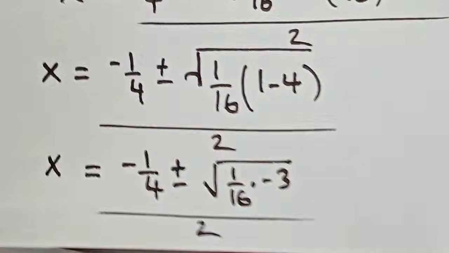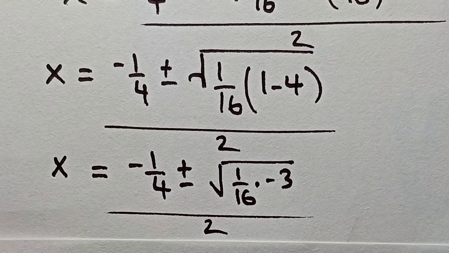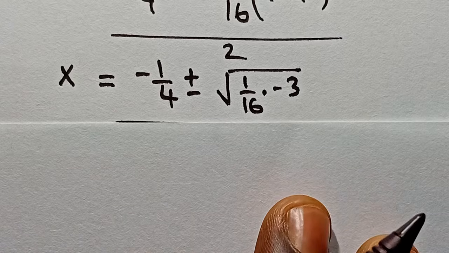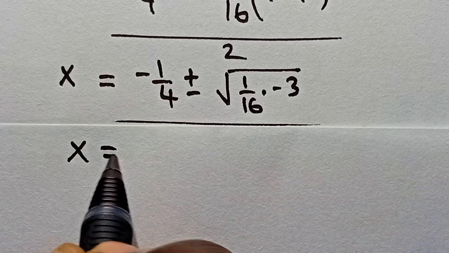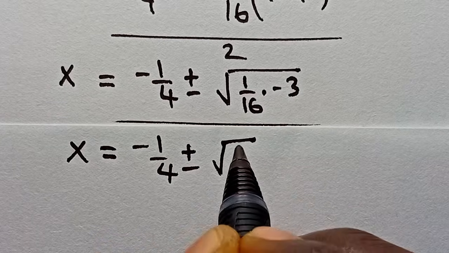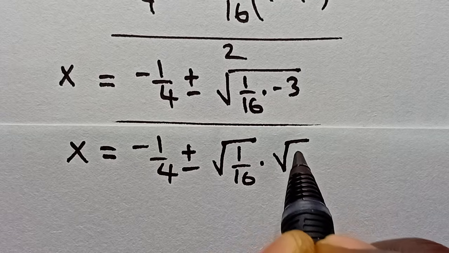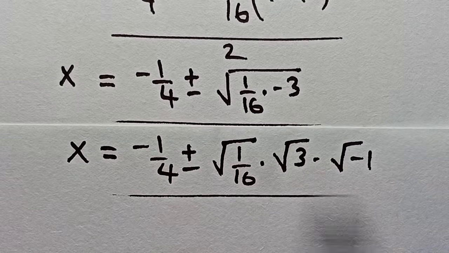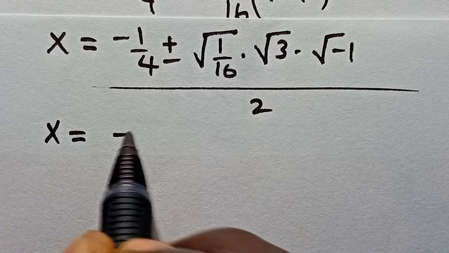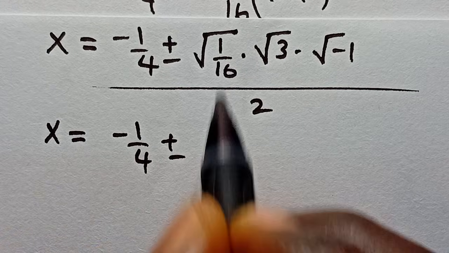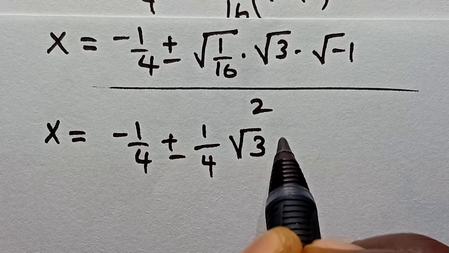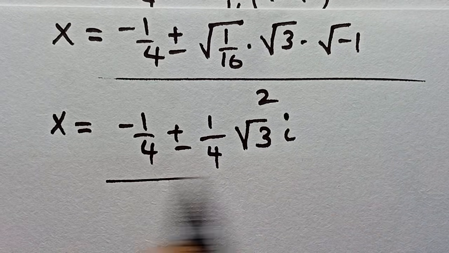So we have x equals minus 1/4, positive or negative, root of 1/16 times root of 3 times root of minus 1, over 2. So x equals minus 1/4, positive or negative, root of 1 is 1, root of 16 is 4, times root 3, root of minus 1 is i, over 2.